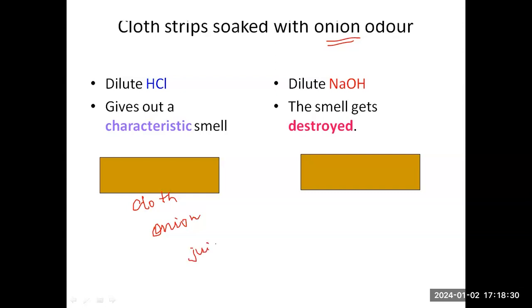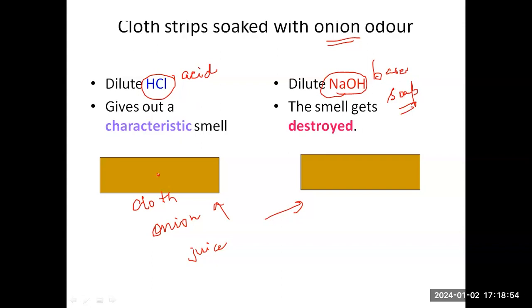These are two pieces of cloth soaked in onion juice. On one of the cloths, you pour HCl, which is hydrochloric acid, and on the other one, you put some sodium hydroxide, which is a base, or you can use soap or detergent in place of it, because as I already mentioned, these are made out of base.